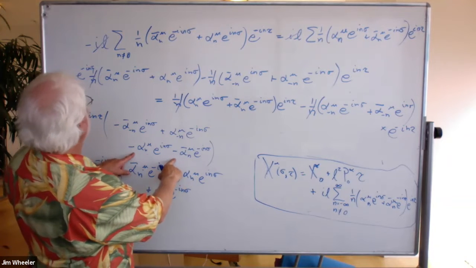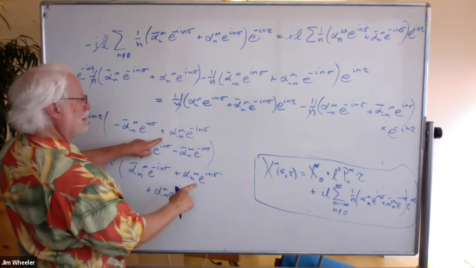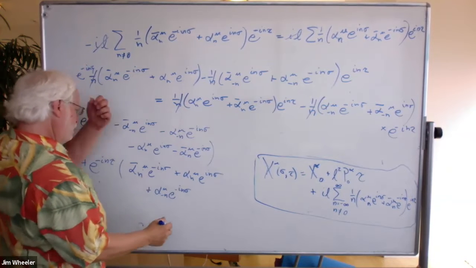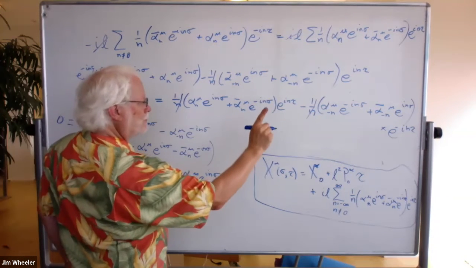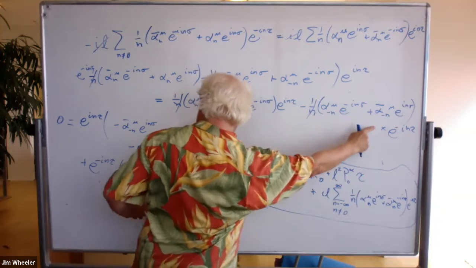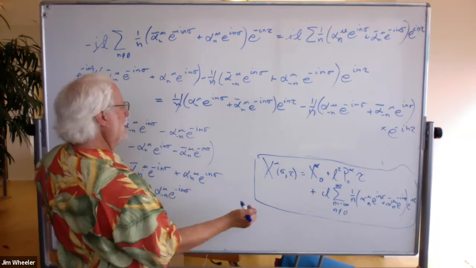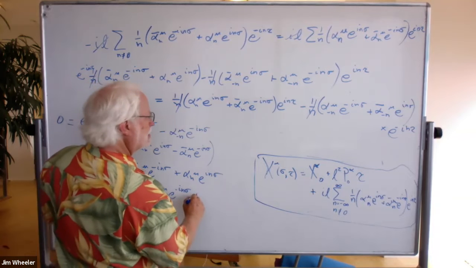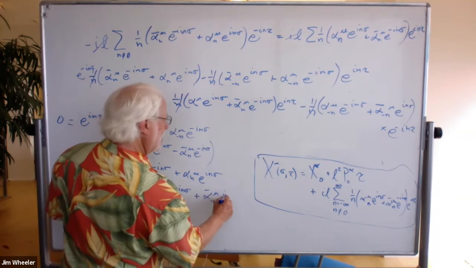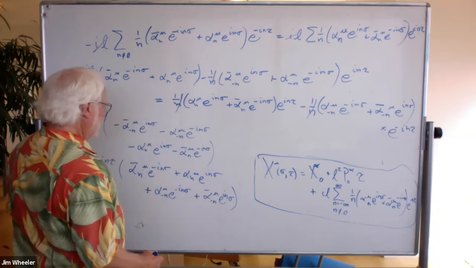Let's see. That one should have, there's a minus, so this one should have been minus. Finally, this term minus, bringing it to the other side becomes plus alpha bar minus n mu e to the I n sigma. All of that equals 0.